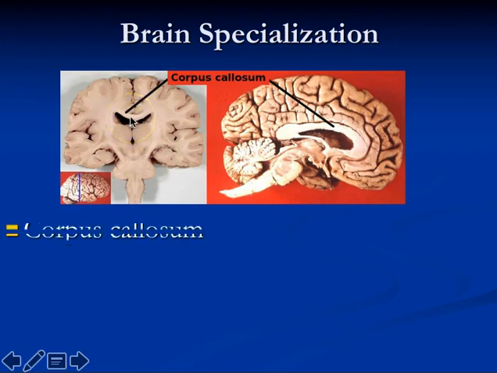And the corpus callosum is a band of axons, a whole bunch of them. And the reason they're all together is because that cortical region on the brain is made up mainly of cell bodies. And cell bodies are kind of grayish in color. And so these cell bodies make up this cortical space.